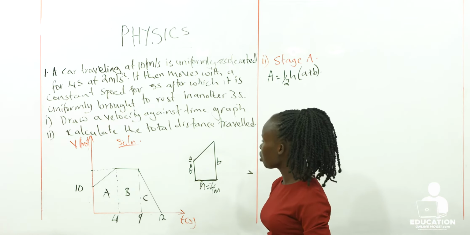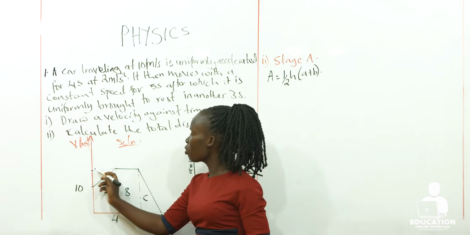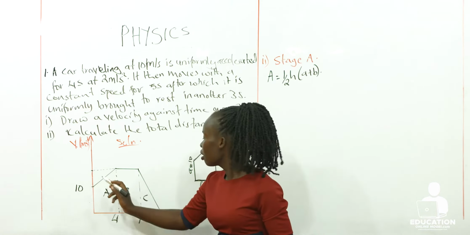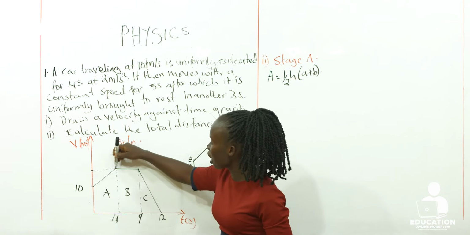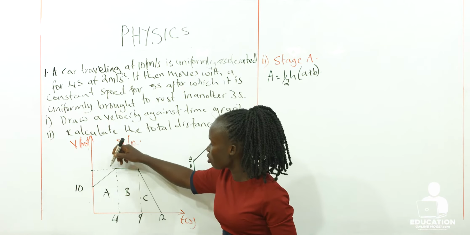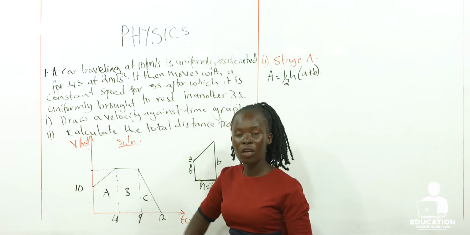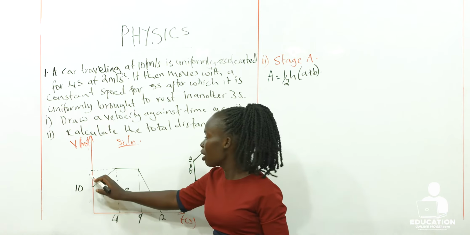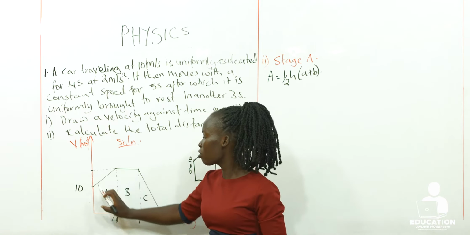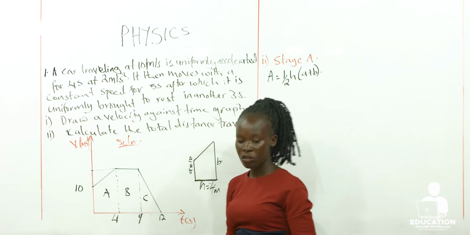How do we get B? To get B, we need to know the velocity. At this point here, what was the velocity the body attained? What was the final velocity for the body to accelerate uniformly? If we know the value of that final velocity for stage A, that becomes our B there. So let us find it.